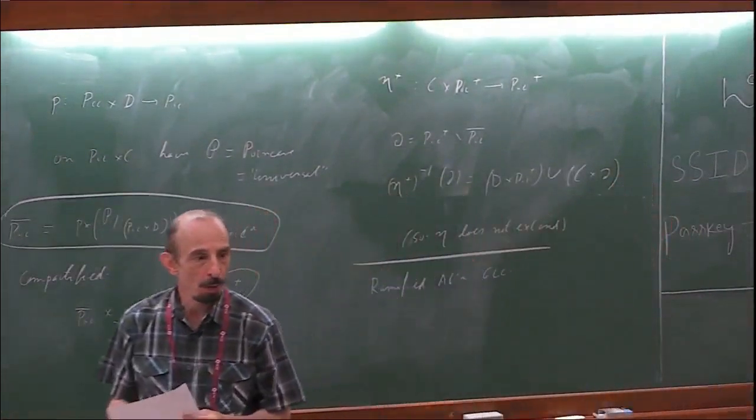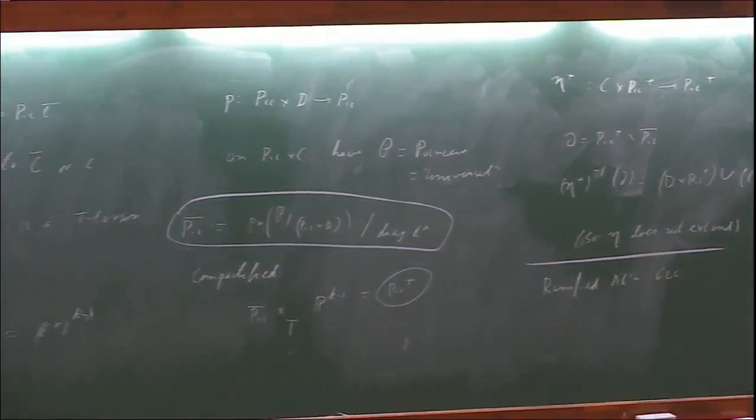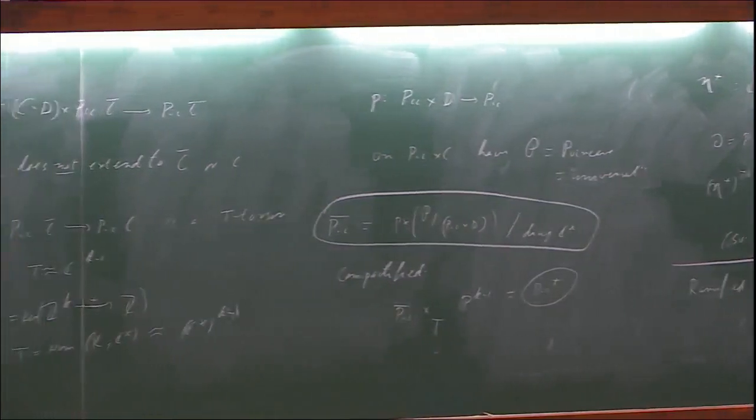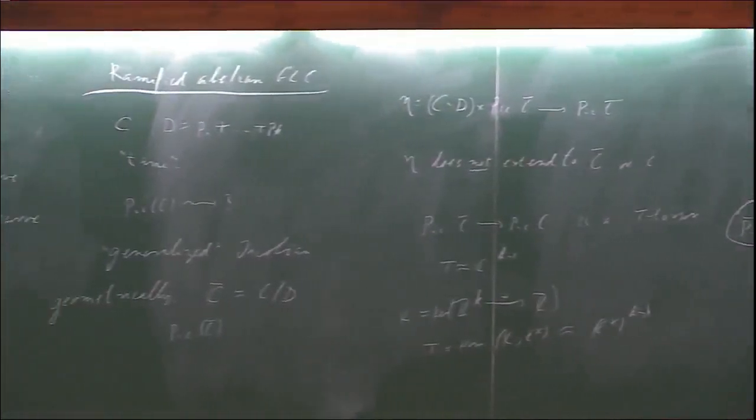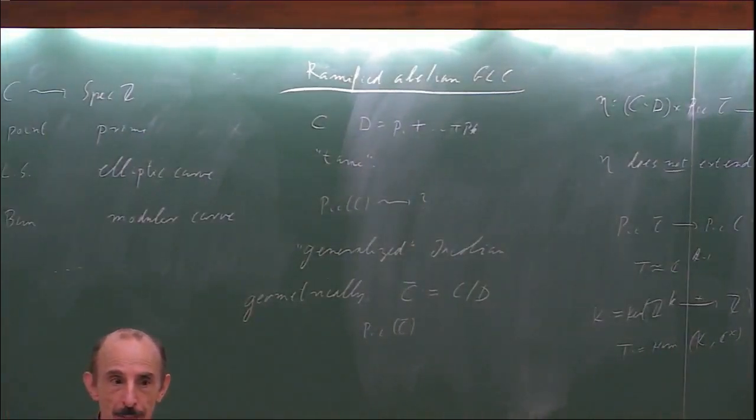Okay, so let me just use my last couple of minutes to tell you what's coming, and also to say a word about how to connect this with the parabolic story that we heard this morning. So the full version of Langlands is going to involve parabolic stuff.